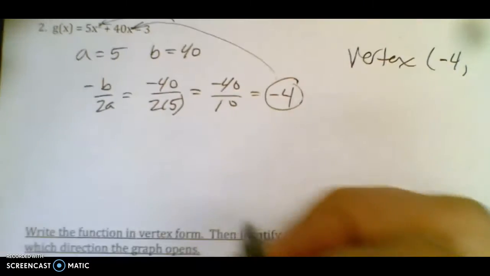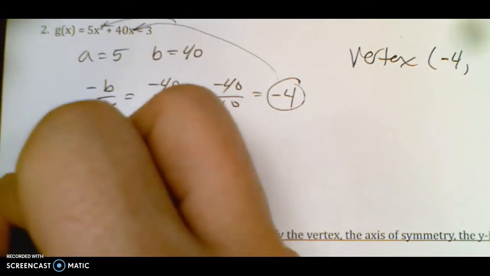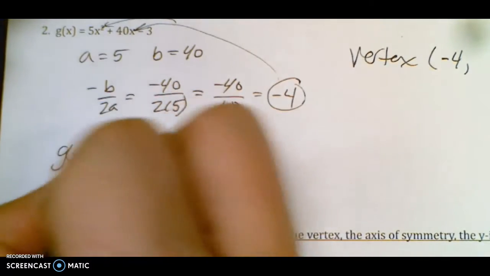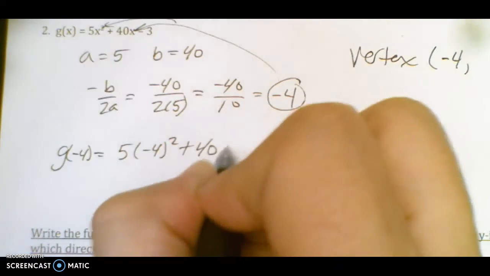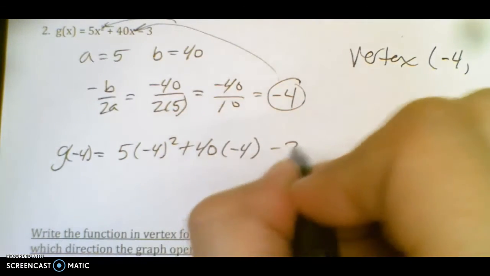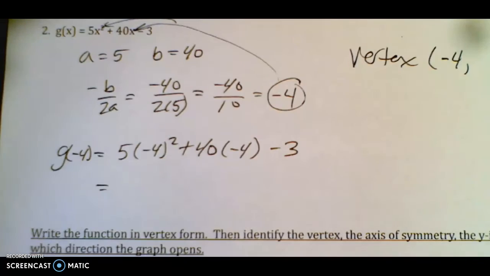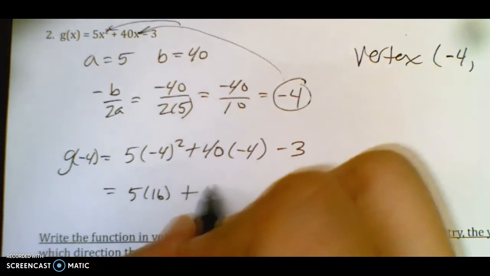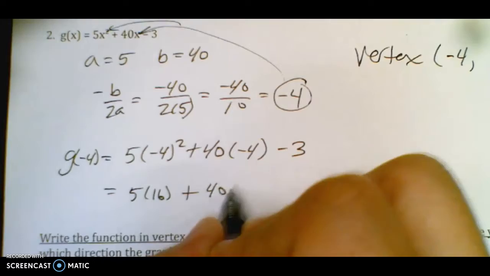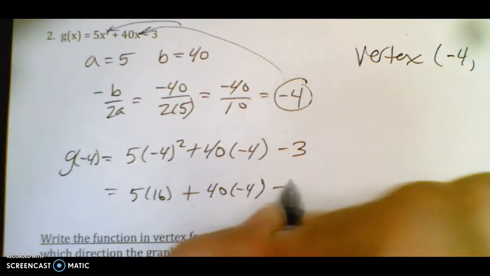So I'm going to say, okay, g of negative 4 is 5 times negative 4 squared plus 40 times negative 4 minus 3. And that's 5 times 16 plus 40 times negative 4 minus 3.